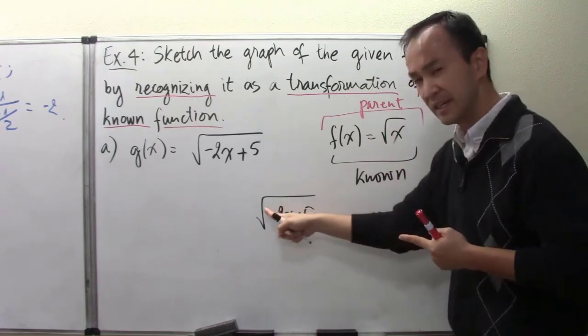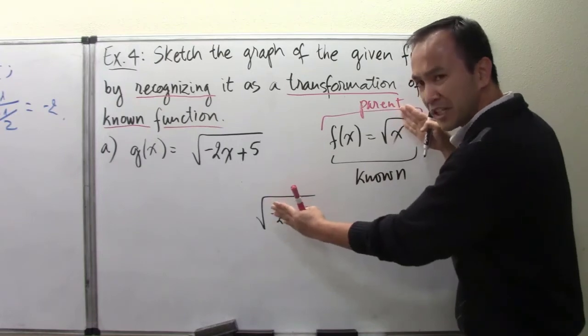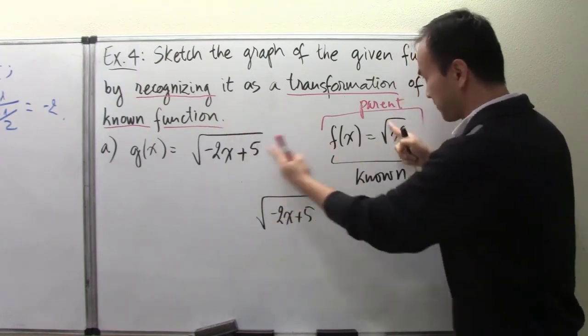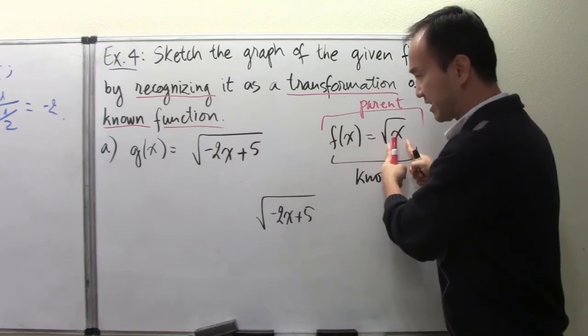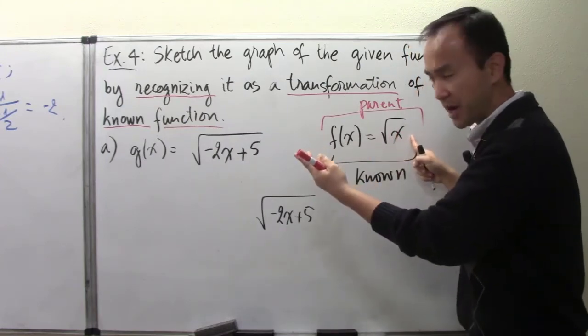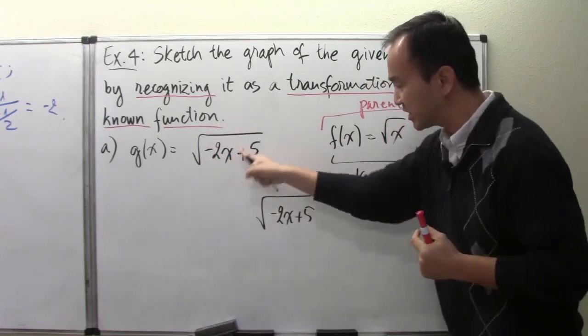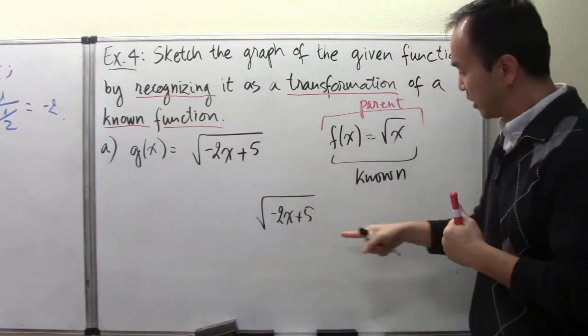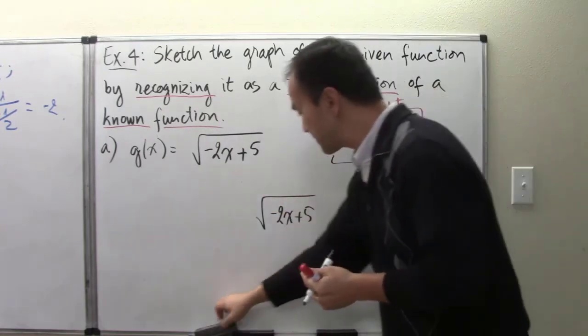But here, inside the square root, instead of this x, put the two things side by side: you can see that they both have a square root. But instead of having this x as a simple input, we have a linear expression inside of the square root.